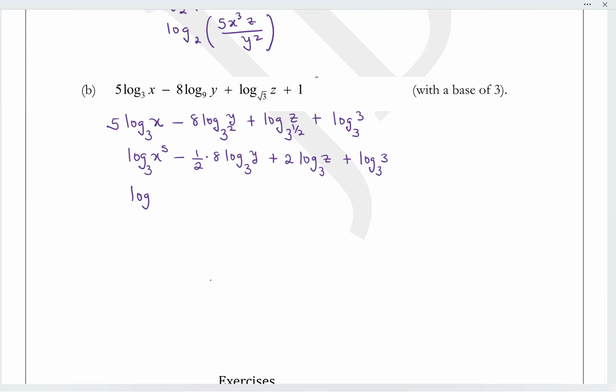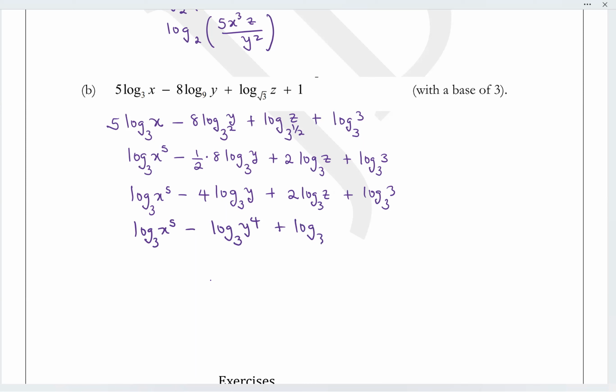Now this will be log 3 of x cubed minus 4 log 3 of y plus the same thing, 2 log 3 of z plus log 3 of 3. Now this is log 3 of x cubed minus log 3 of y to power 4 plus log 3 of z squared plus log 3 of 3.